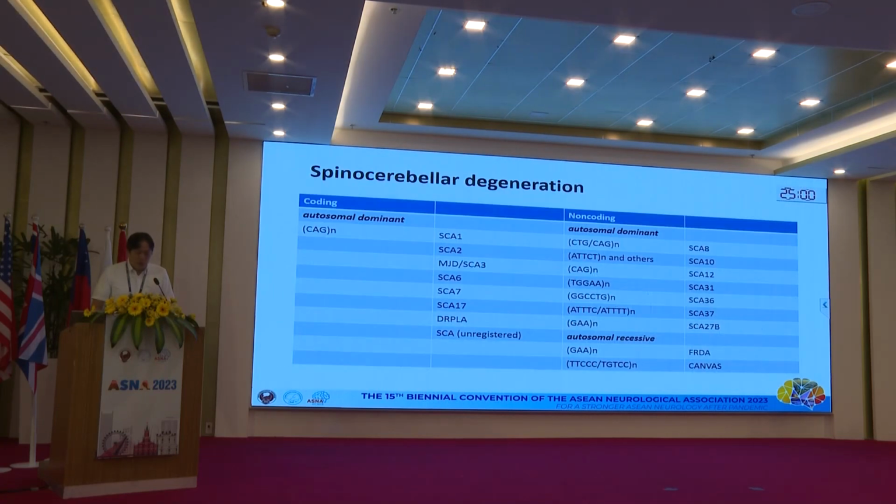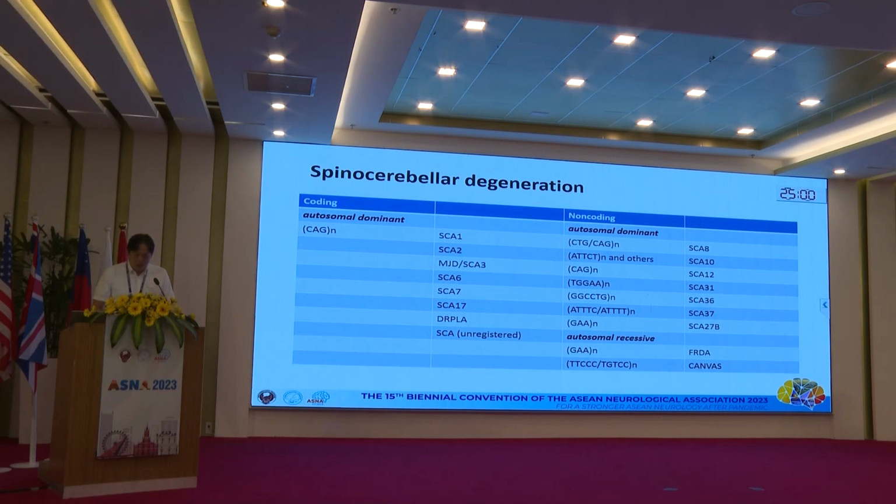So let's start with spinocerebellar degeneration. As you can see in the slide, there are 8 CAG repeat expansion diseases. And in the non-coding region, the repeat sequences are very variable. Most of the diseases are autosomal dominant, but Friedreich ataxia and CANVAS are autosomal recessive diseases.